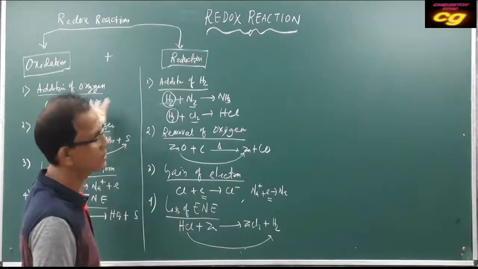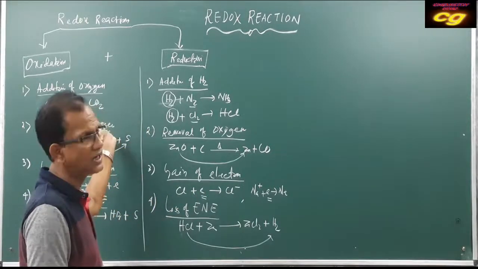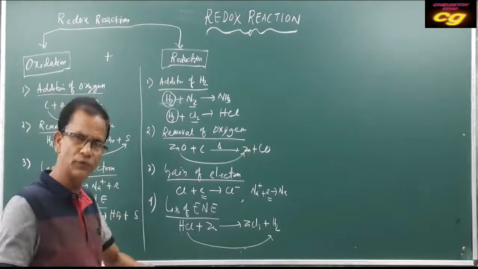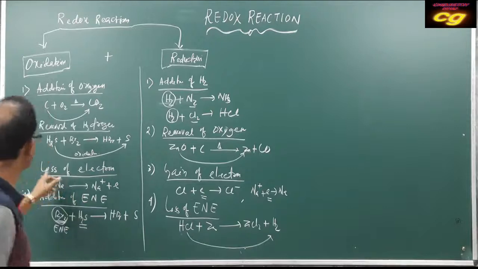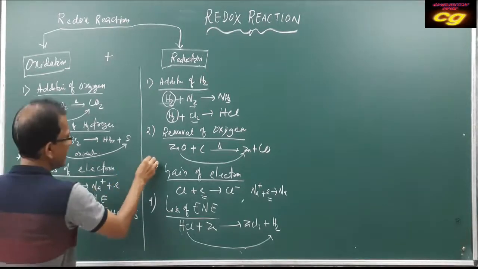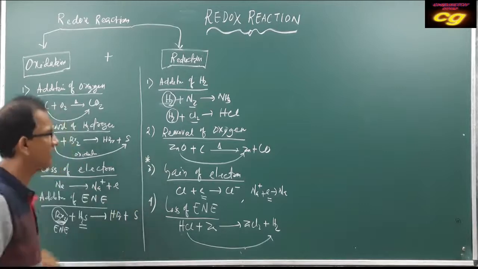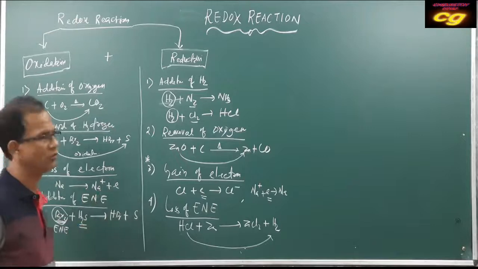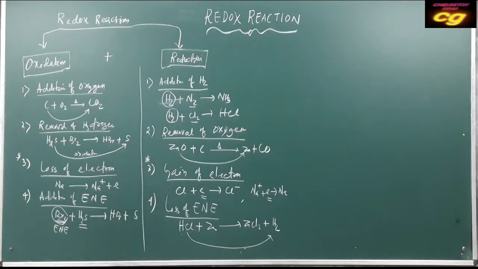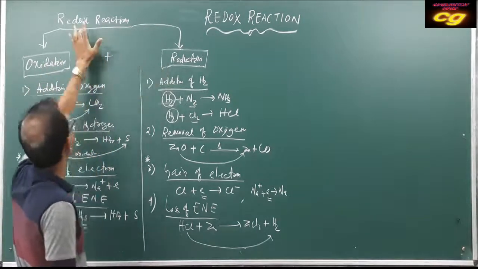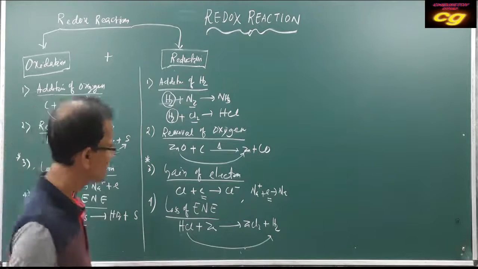It may be addition or removal of oxygen, addition or removal of hydrogen, but the important last point is gain or loss of electron. Gain of electron is reduction and loss of electron is oxidation. So there are two types of reaction, oxidation and reduction, and combined they are called redox reaction.